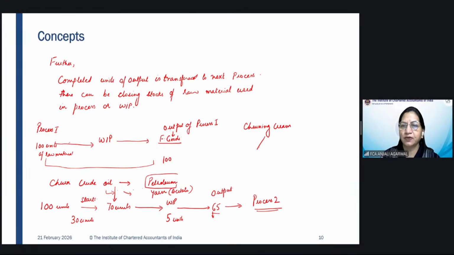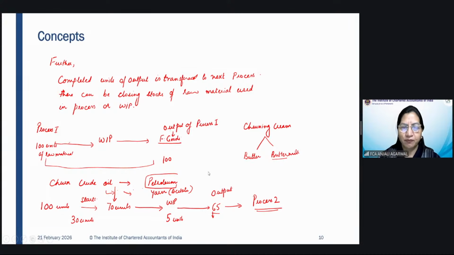After some point, you end up getting butter and buttermilk. Similarly, when crude oil is processed, you generally end up getting refined petroleum and some byproduct in the form of acetate yarn, from where you can make synthetic clothes, etc.